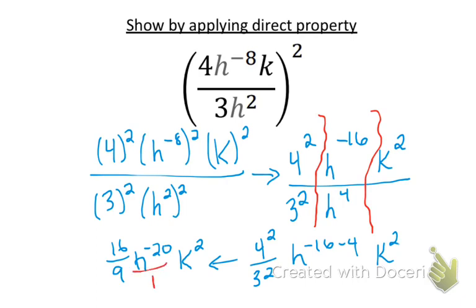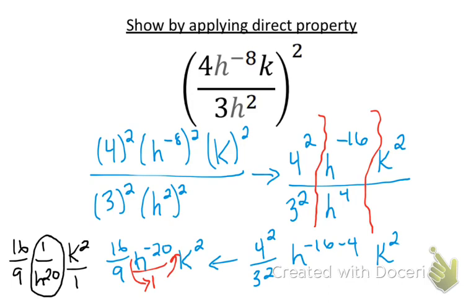So if I make it into a fraction and I flip it, then I end up with this answer. That doesn't change. This changed. And this, since it wasn't a fraction, let me just put a 1 under it, so it could look like the rest. So this whole mess is what we want, because now h no longer has a negative power. We flipped it.